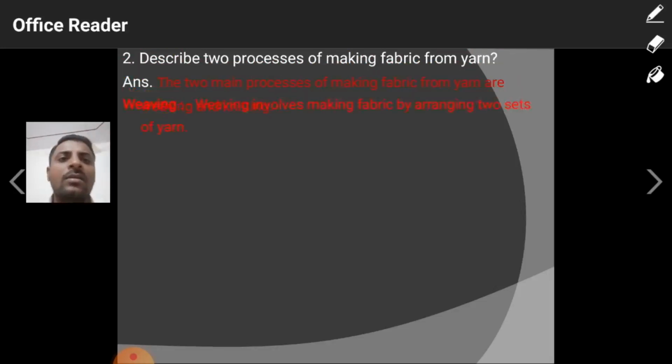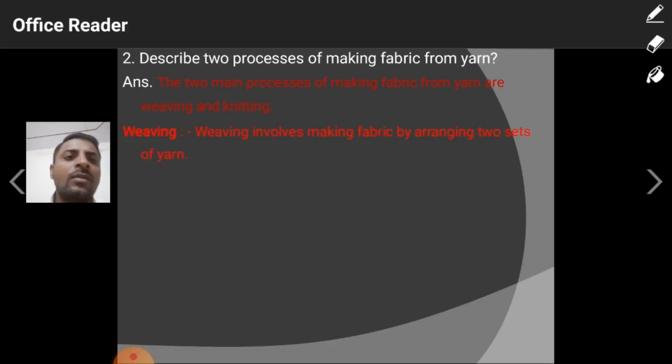First, weaving. Weaving involves making fabric by arranging two sets of yarn. It is done using a machine called a loom that can be hand operated or power operated.